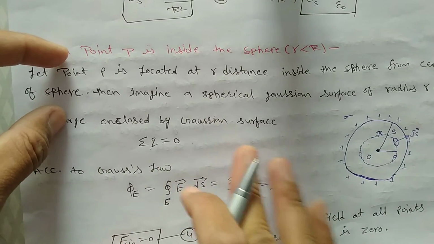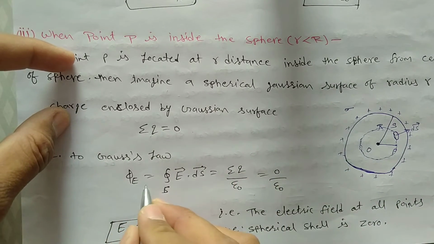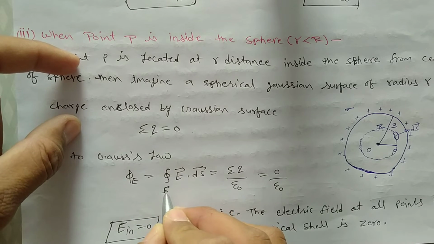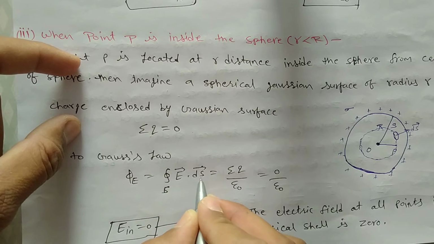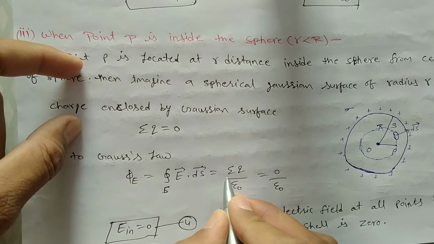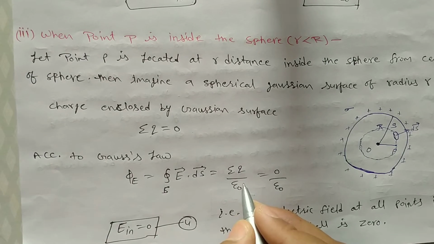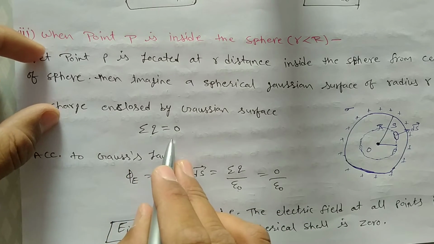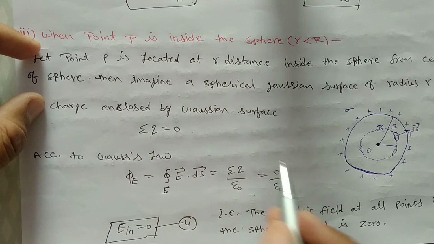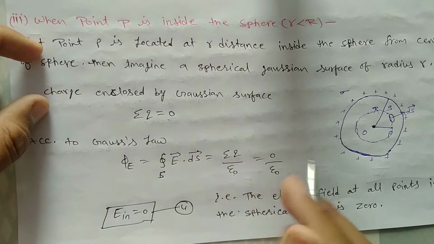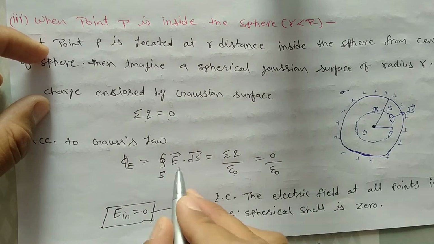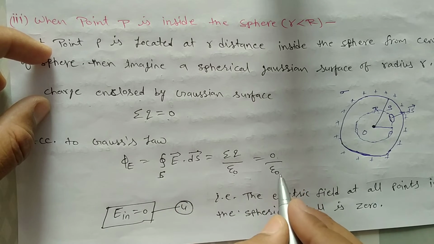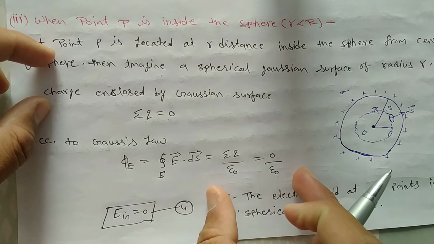According to Gauss's law, electric flux phi E is equal to the surface integral of E vector dot ds vector, which is equal to summation q upon epsilon naught. But we know that summation q, the charge enclosed by the Gaussian surface, is equal to 0. So phi E is equal to the closed surface integral of E vector dot ds vector is equal to 0 upon epsilon naught.